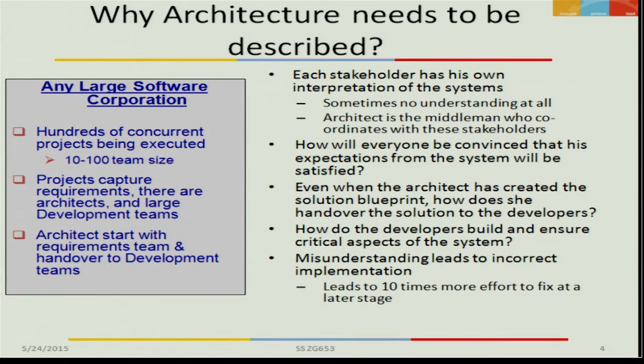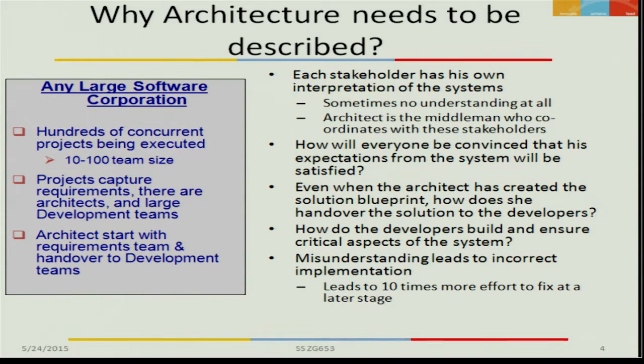If there are 2 project teams, a stakeholder from one team will have one interpretation of the system, and the stakeholder from another project team might have a very different interpretation of the system. Sometimes they don't have any understanding at all. In that case, as an architect, you would play the role of a middleman who is going to coordinate with these stakeholders and bring them to common ground.